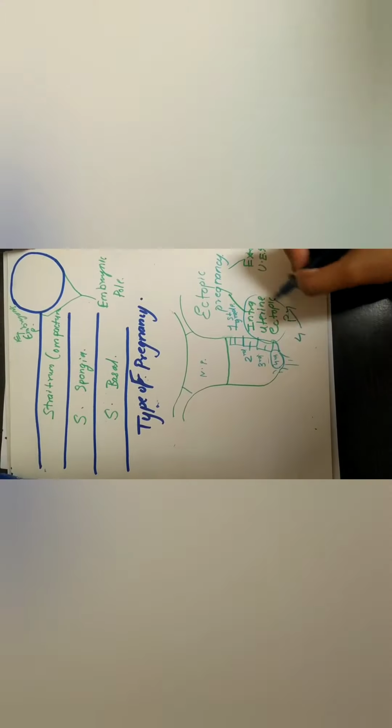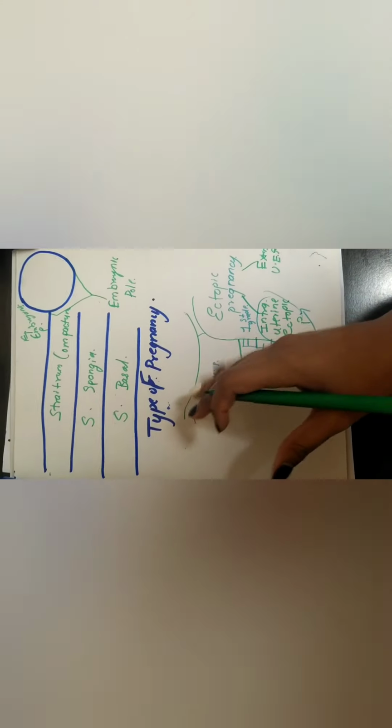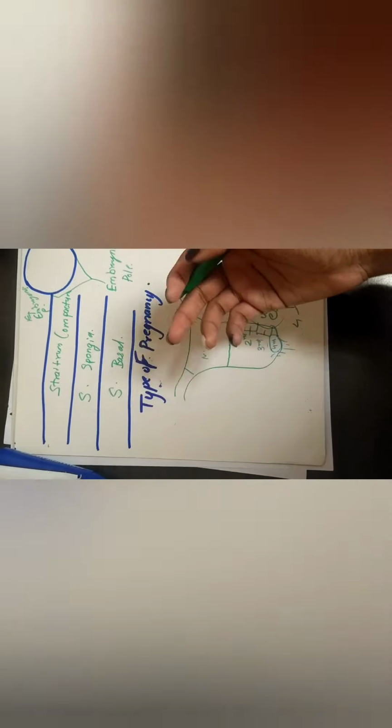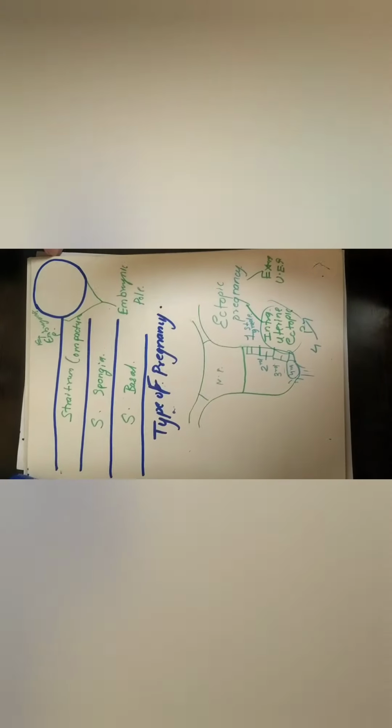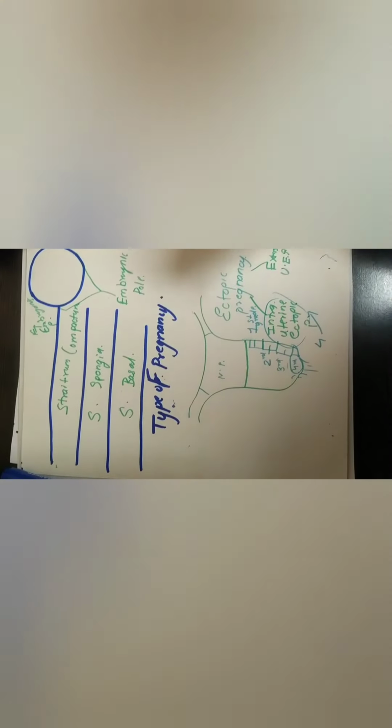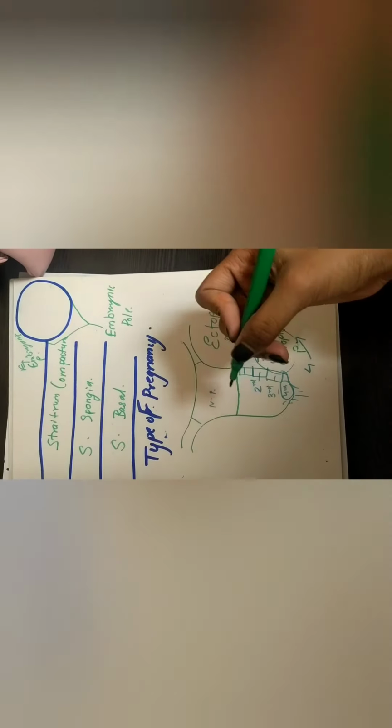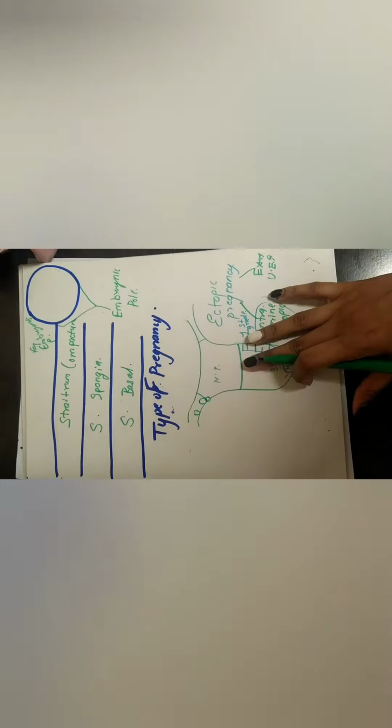This is all about intrauterine, which is inside the uterine cavity. Let's talk about extrauterine. While the blastocyst is forming, or maybe due to some chemical abnormalities, such as with the uterine milk, in some cases the egg gets implanted here or anywhere else.